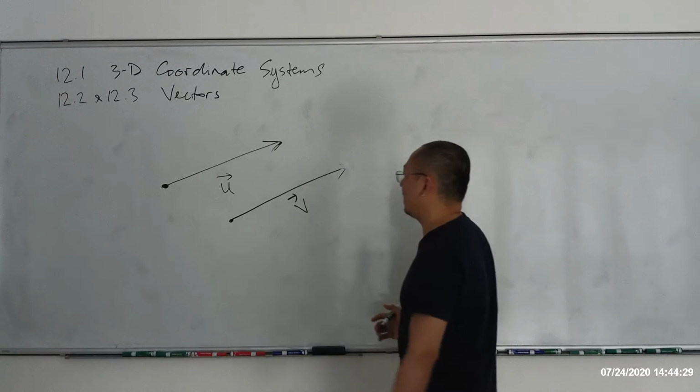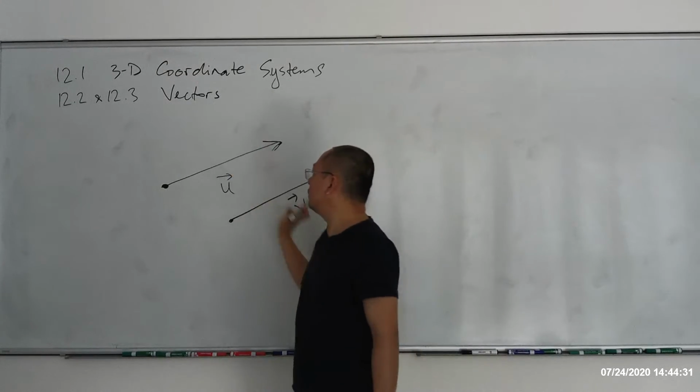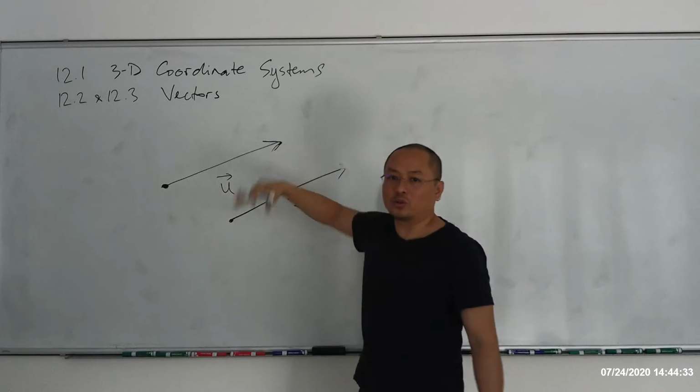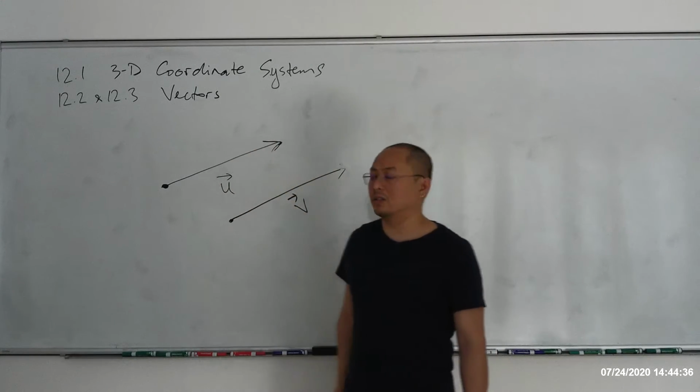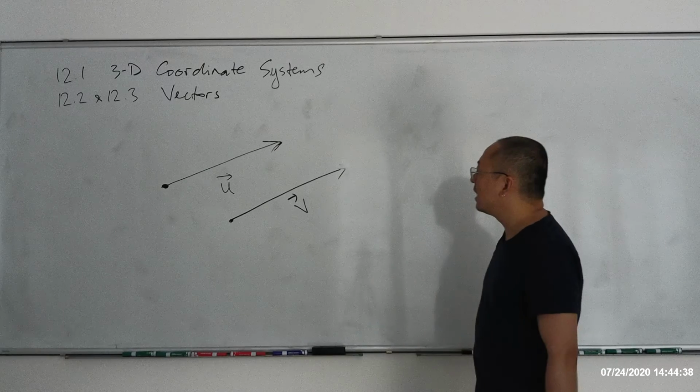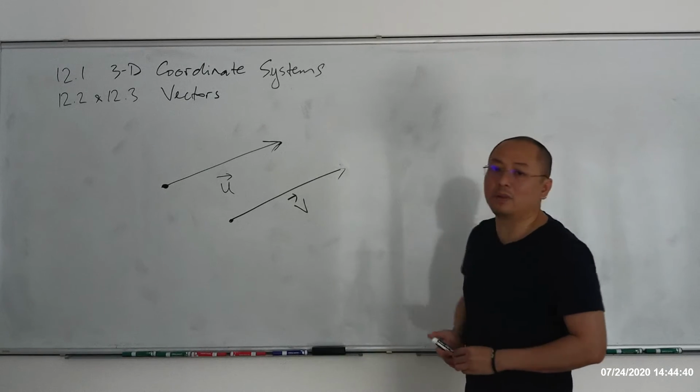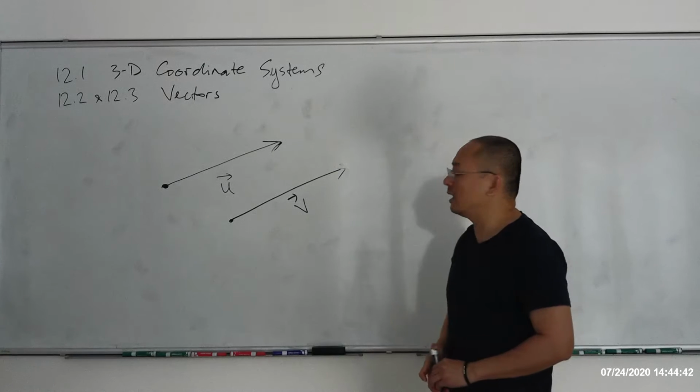In other words, you can move a vector around the space without rotating it, and you have the same vector. It won't change, as long as it preserves the same length and direction.